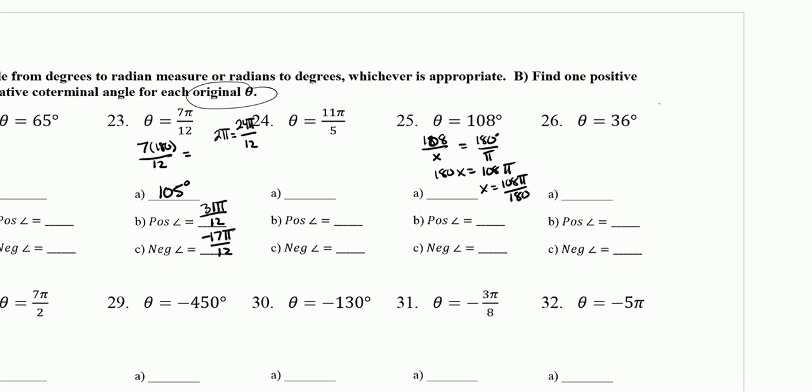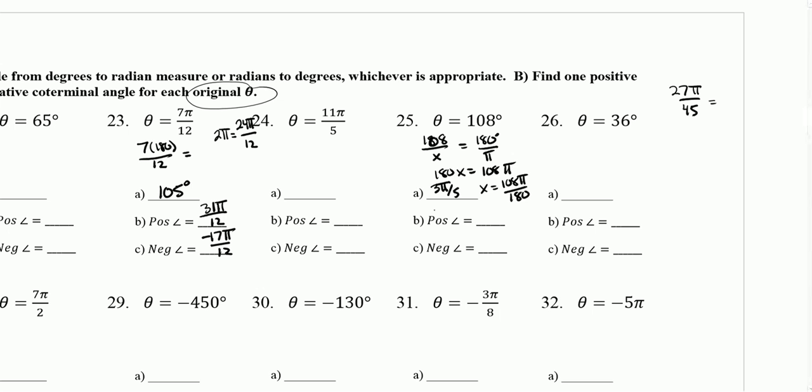Keep thinking here, so I'm going to do this. So we got 108. If we reduce it by 4, we get 27 pi over 45. Both of those we can reduce even further. Divide by 9, we get 3 pi over 5. So 3 pi over 5 is what we're after.